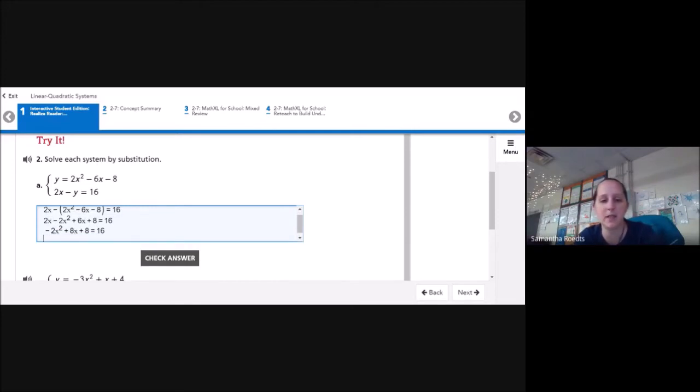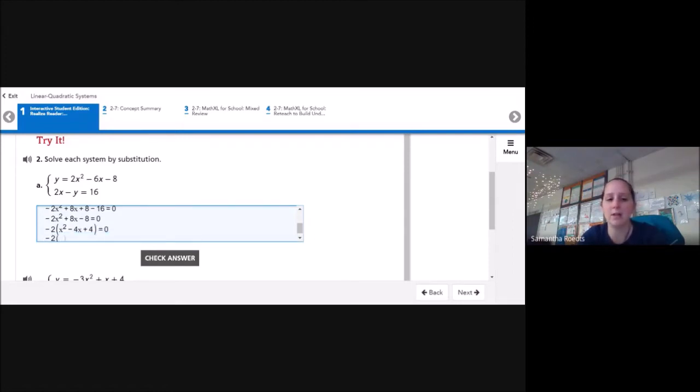I need to move the 16 to the other side. So negative 2x squared plus 8x plus 8 minus 16 equals 0, which simplifies to negative 2x squared plus 8x minus 8. Okay, I can then factor out a negative 2, which gives me x squared minus 4x plus 4 equals 0.